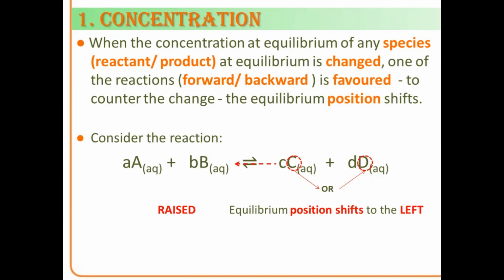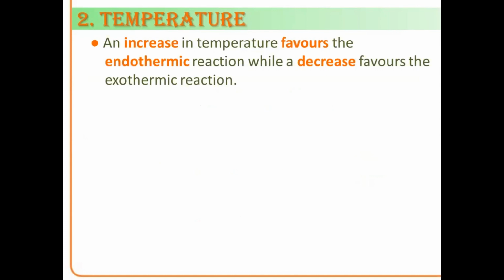Now, let's look at the second factor, which is temperature. An increase in temperature favors the endothermic reaction, while a decrease in temperature favors the exothermic reaction. You know that an endothermic reaction takes in heat, so the temperature of the surroundings is going to decrease.